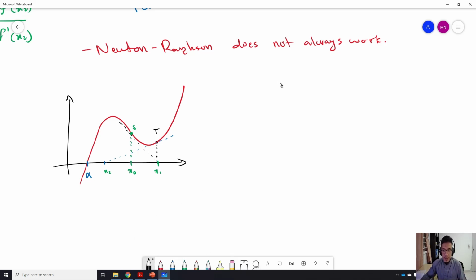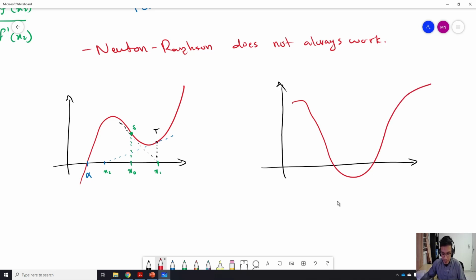Okay, one more example is when we have a graph of this shape. Let's say we want to find the alpha value right over here, and we have a point x0 over here. The x0 creates a point that we call S. Then the tangent at S creates x1, and then x2 will be over here.